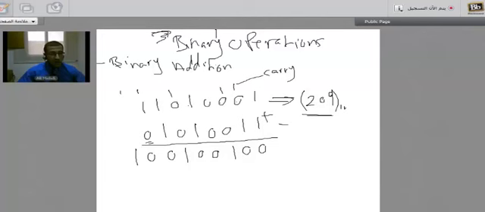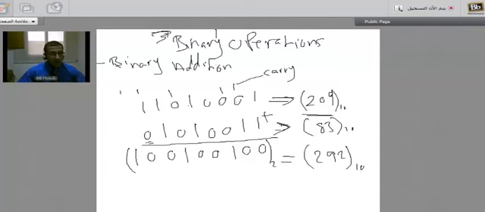Now, the second number, if you work it out, equals 83 in decimal. The number which we got in binary equals 292 in decimal.